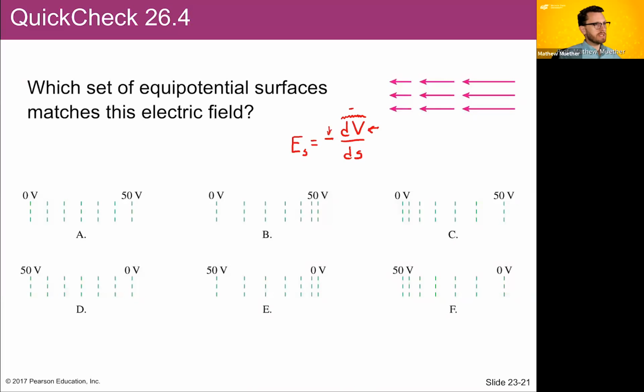Okay, so let's see what you think about this. I show you this electric field in the top right corner. Which of the equal potential surfaces matches that electric field?